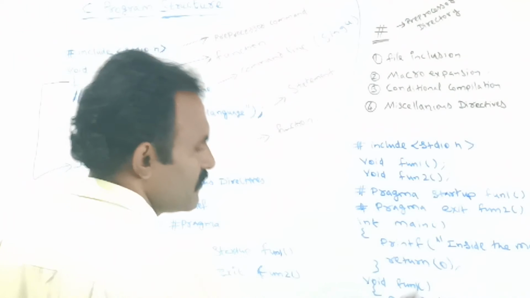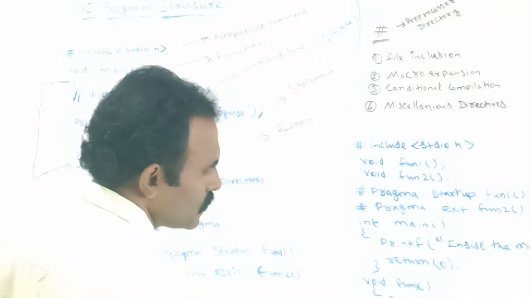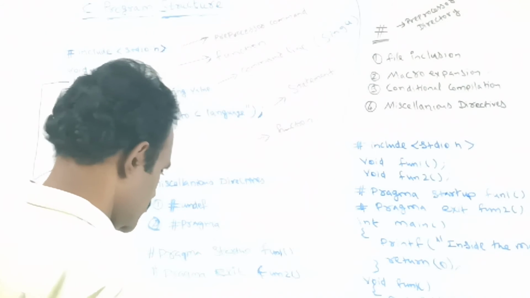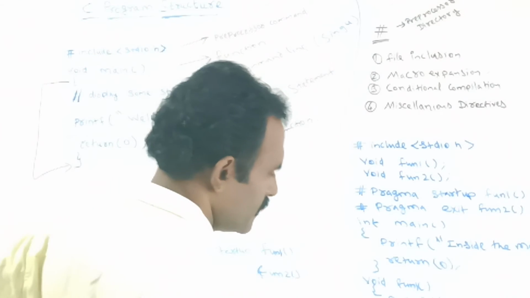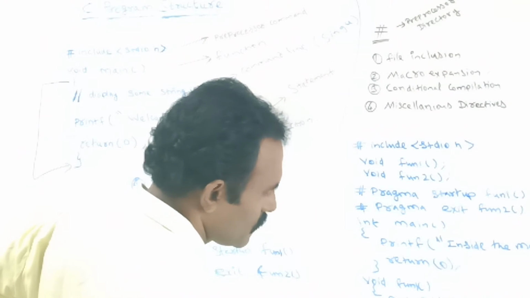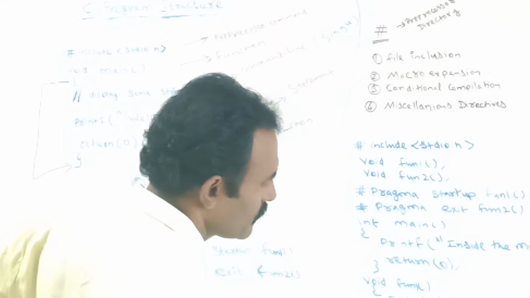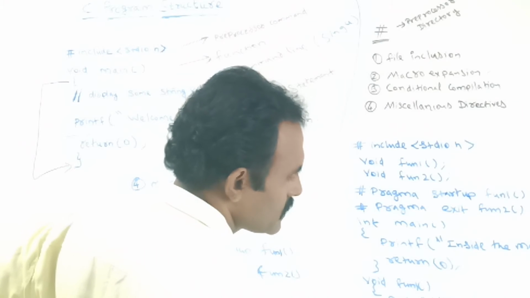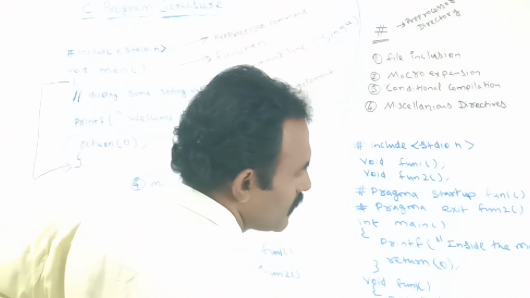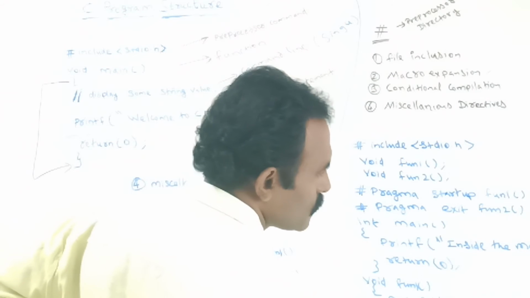Definition for function 2: here I am writing void function 2. For this I am writing the code printf inside function 2.